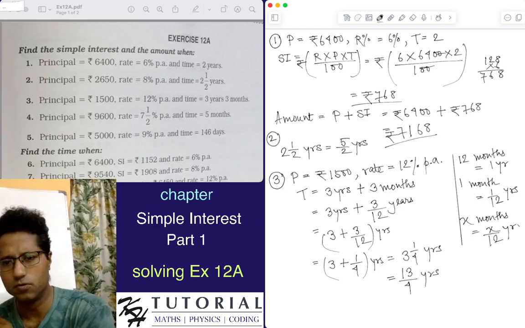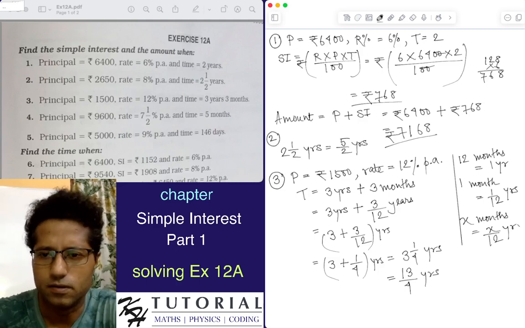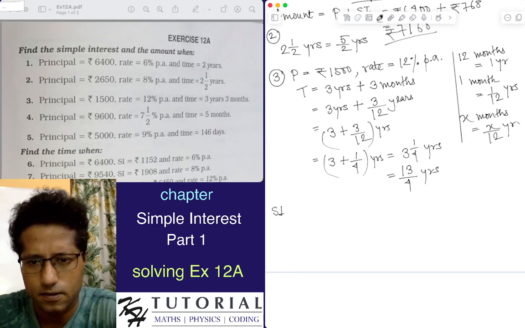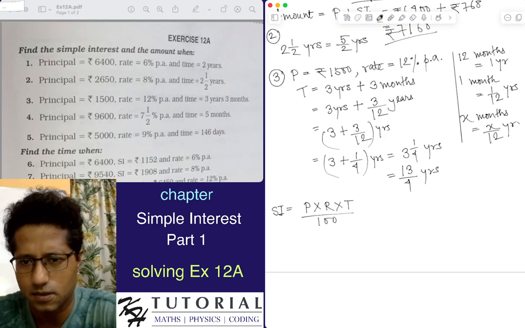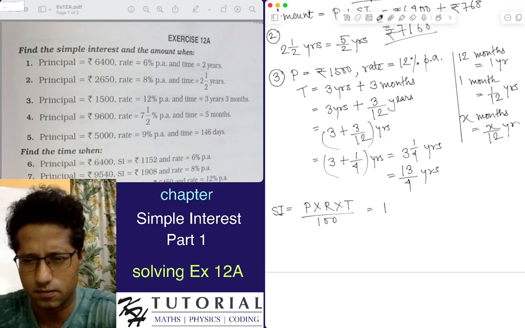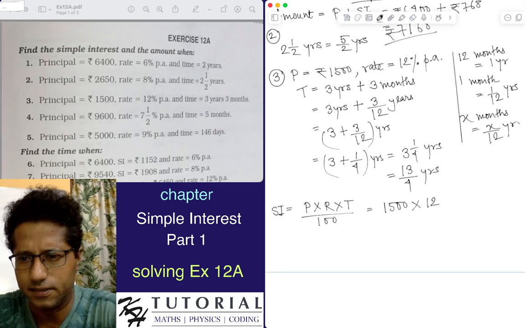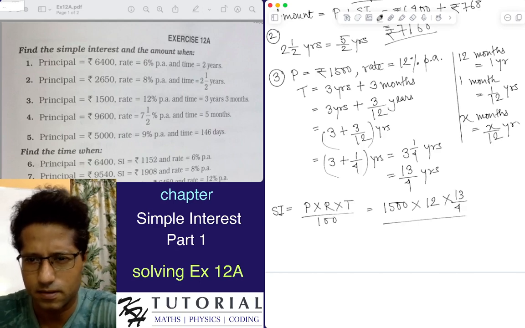In the formula you will put 13 by 4. And if we solve this, SI is P R T divided by 100, this much rupees, I am ignoring the rupees. Principal is 1500, R is 12 and T is 13 by 4 divided by 100.